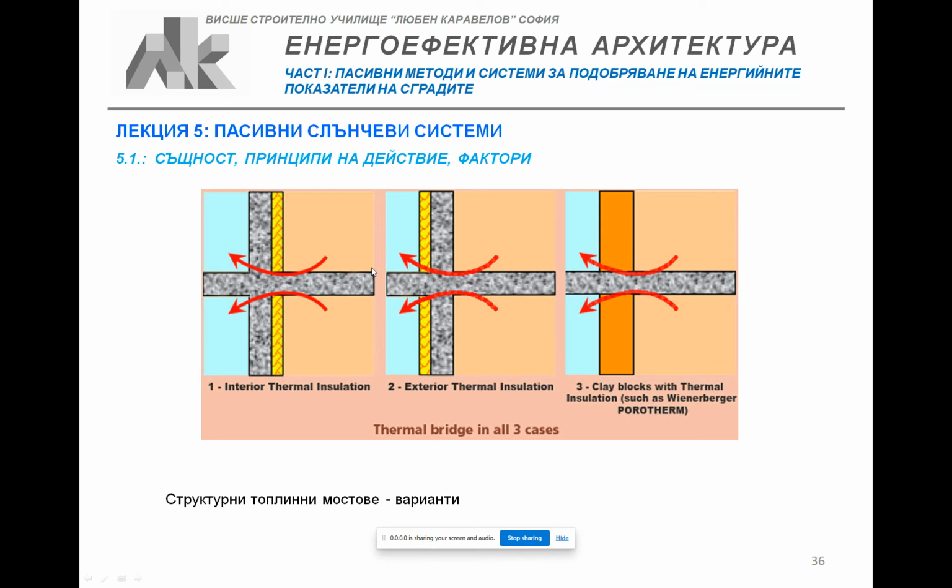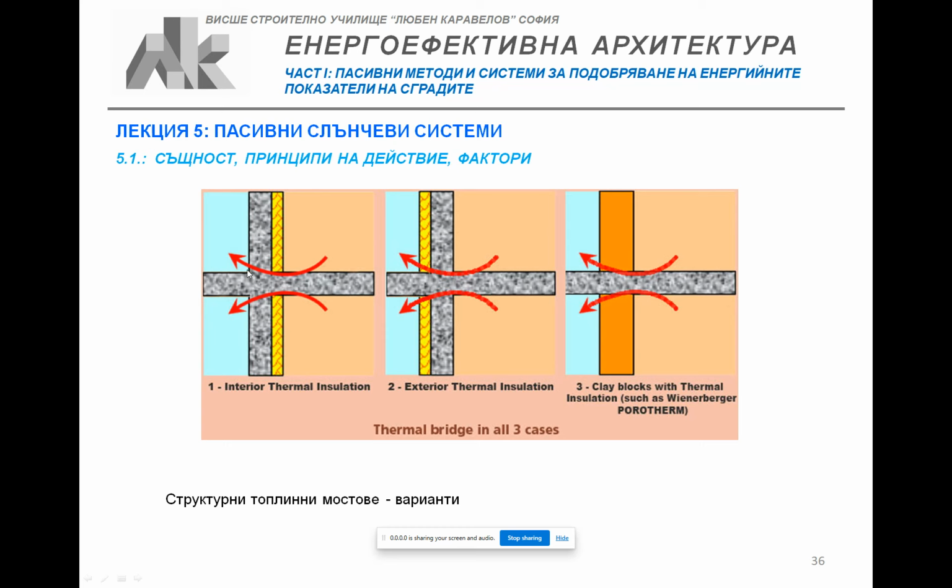And if the thermal bridge is structural one, the element goes outside, which are most often balconies, the only proper solution is all the outer part of the element to be covered with insulation, which of course is very expensive and not many people accept that kind of solution, but that is the only one since neither inner insulation, outer insulation, or wall element with different material helps to prevent the heat loss.